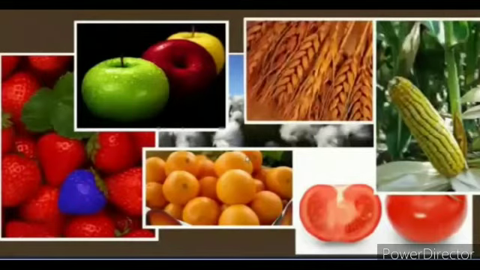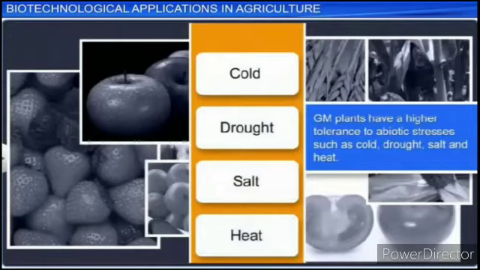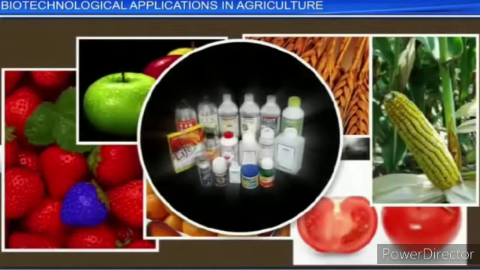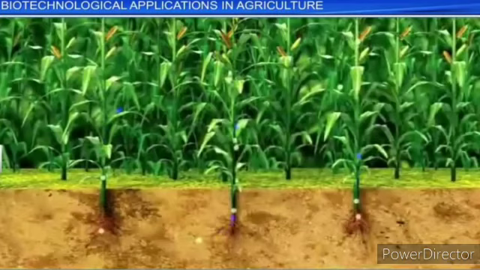Genetic modification has, first, made the crops more tolerant to abiotic stresses like cold, drought, salt, and heat. Second, genetically modified plants reduce reliance on chemical pesticides, as pest resistant crops. Third, genetically modified plants help to reduce post harvest losses.